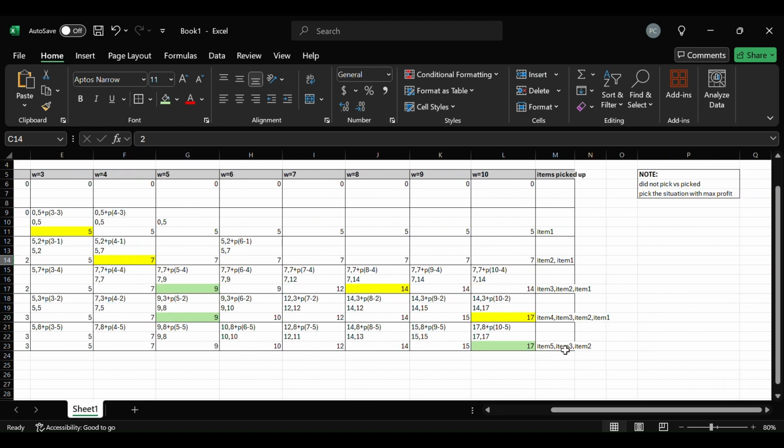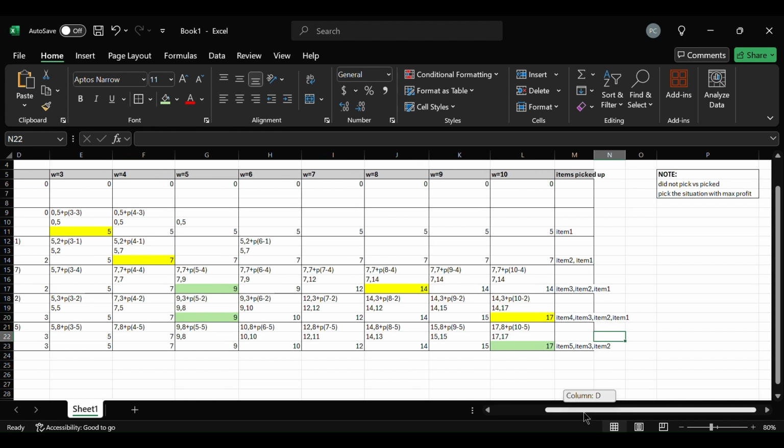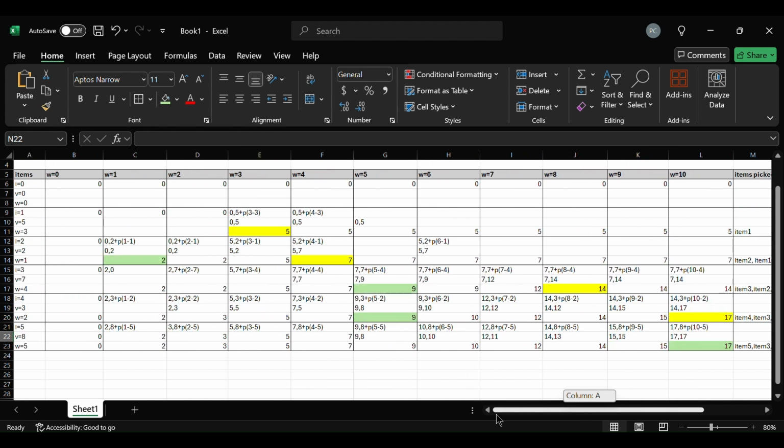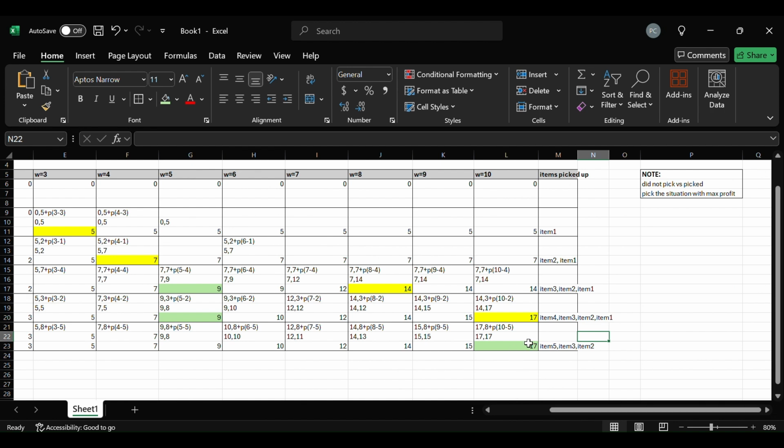So our final solution here is item 5, item 3, item 2. Let us check. So item 5, 8 plus 7 is 15 plus item 2 is 17. So that does check out.